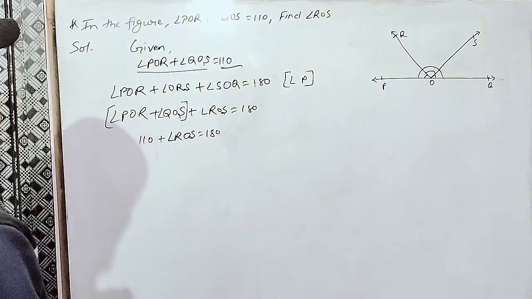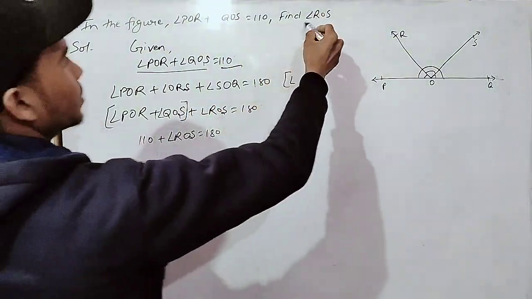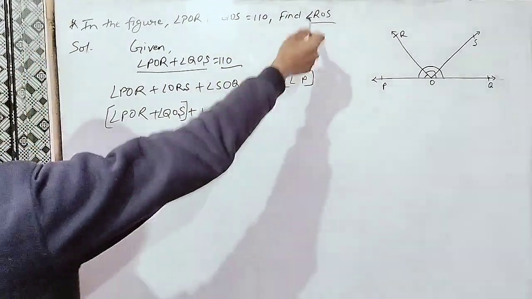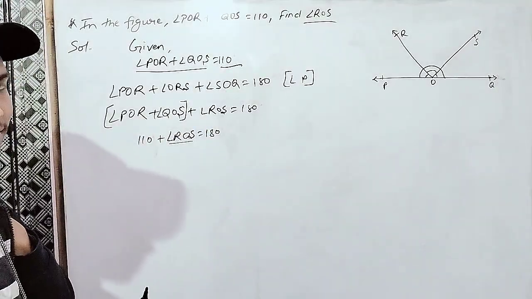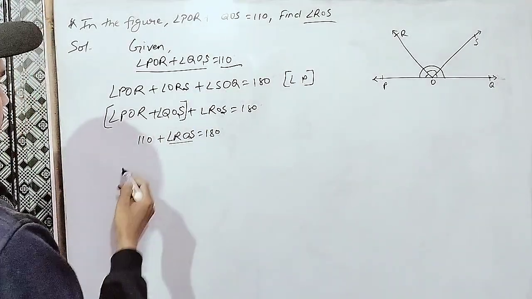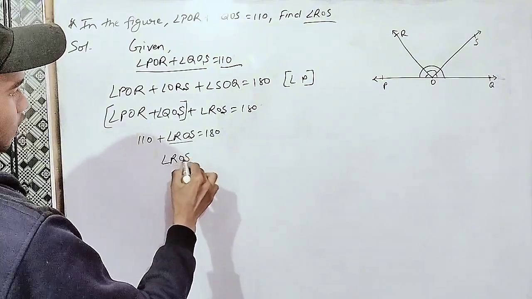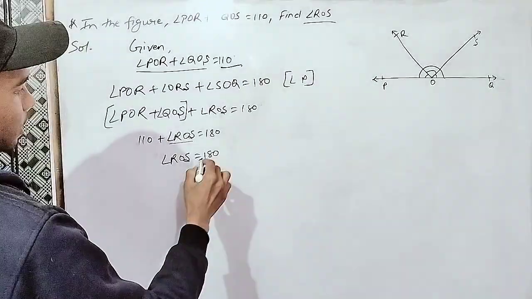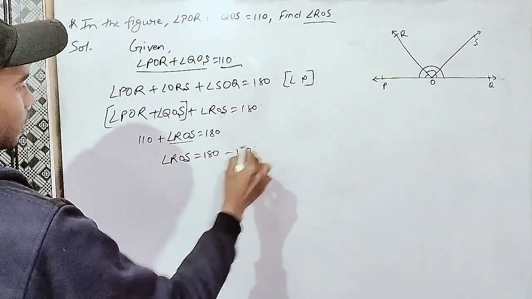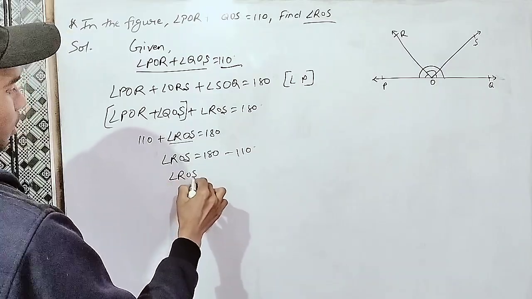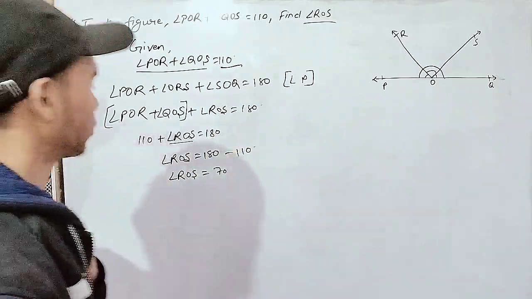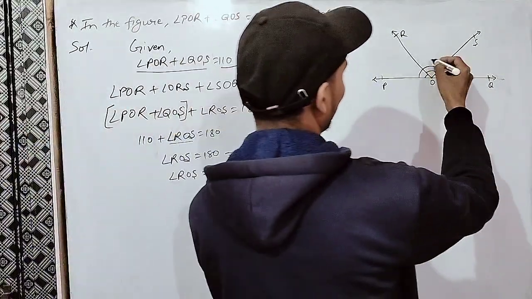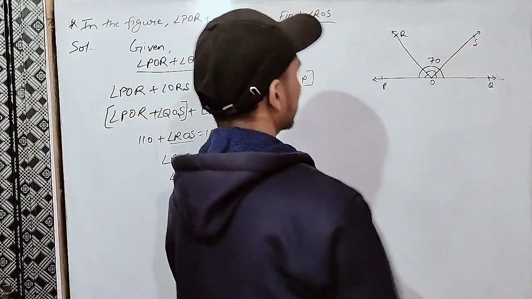Okay, it's very simple. And the question said find the value of this angle. Now we have the equation: 180 degrees minus 110 degrees. How much? 70 degrees. So can we say the value of this angle is 70 degrees?